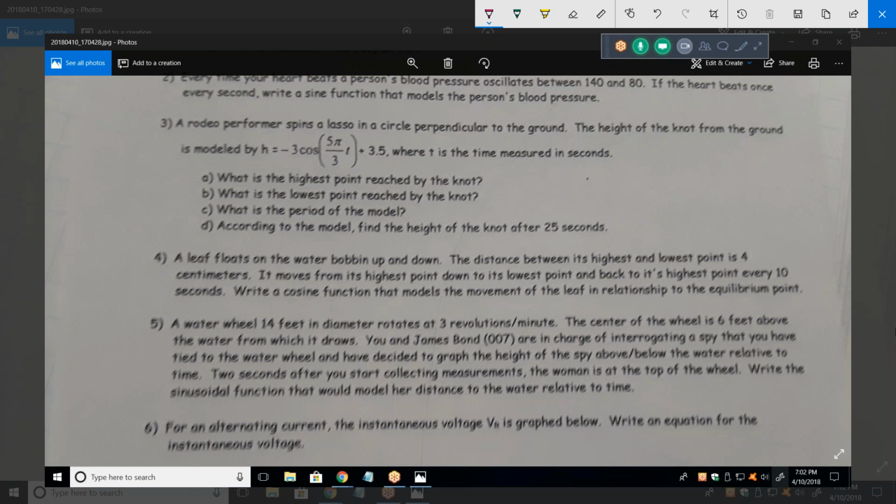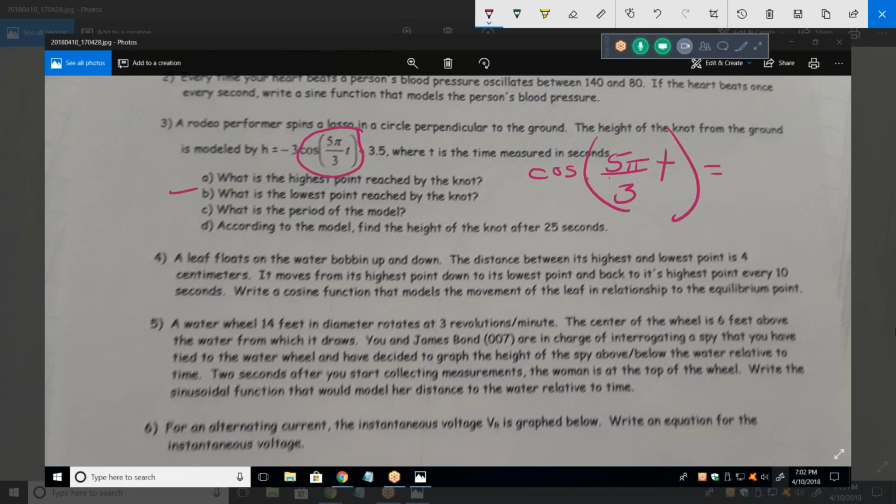Second one, what's the lowest point reached by the knot? Well, what does that need to be for the lowest point? Oh, excuse me, hold on. Don't say anything yet, because I kind of misled you. What does the cosine of 5 pi over 3 times t have to be to make the height the lowest it could possibly go?